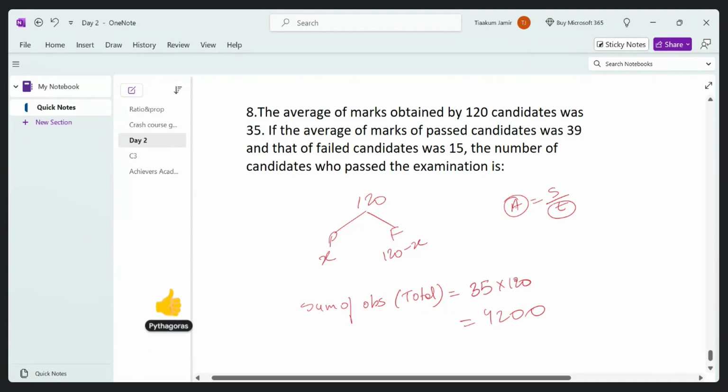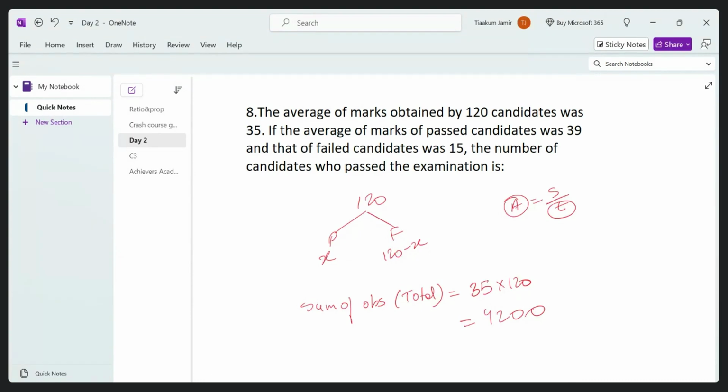See, just take it as 100. Take pass as 100 plus 20. 35 into 100 is 3500. 35 into 20 will give us 700. That means 3500 plus 700 will give us 4200.